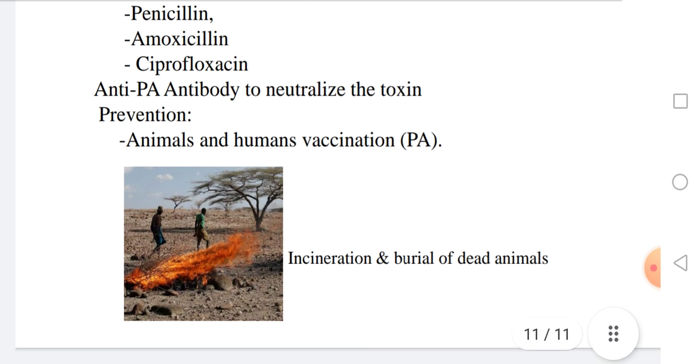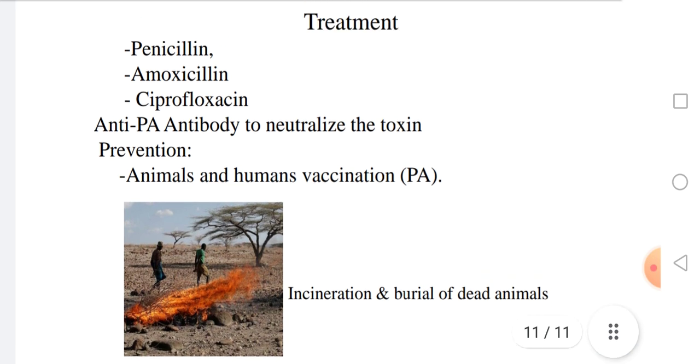Treatment: as I have said, antibiotics to kill the vegetative bacteria, penicillin, amoxicillin, and ciprofloxacin. To neutralize the toxin is by anti-protective antigen antibody. The prevention: animals and humans vaccination, the vaccine is made from protective antigen.